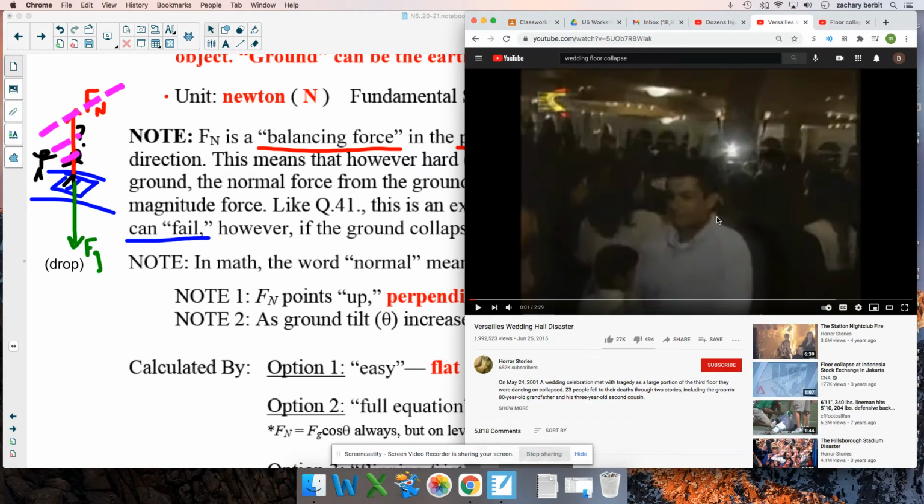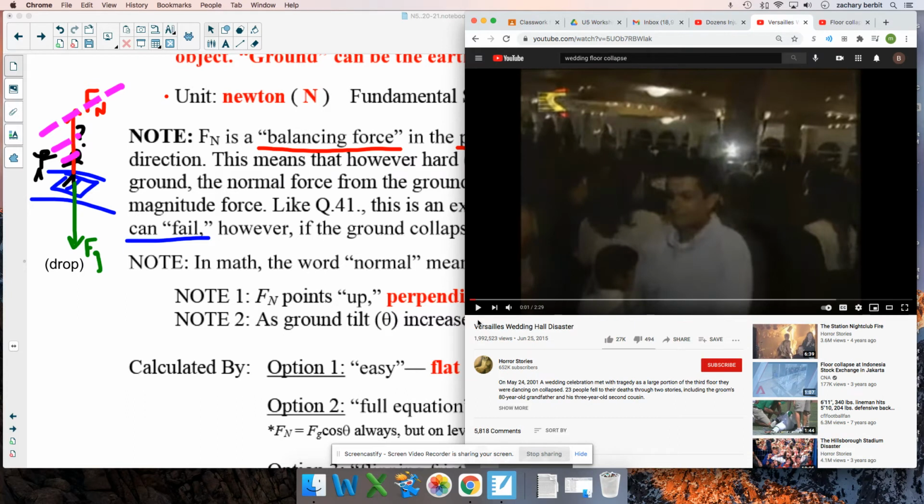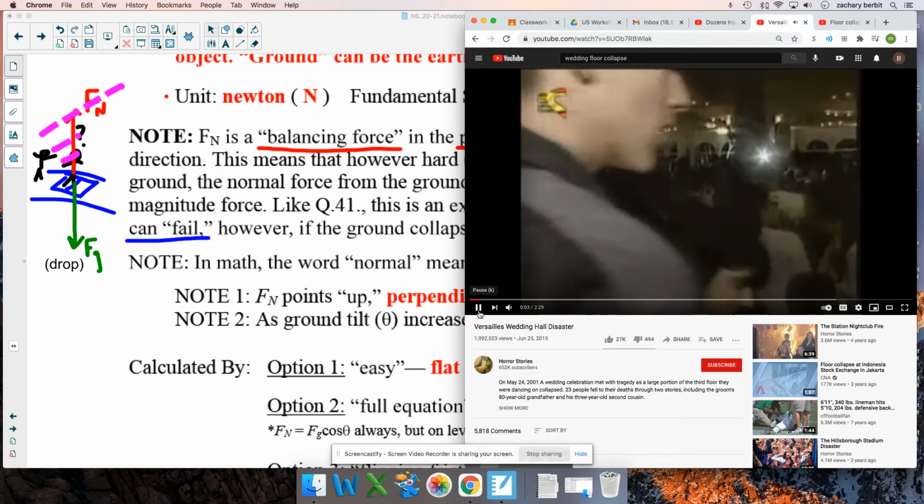So beware. If you're going to be at a dancing party, it should be outside or it should be on the first floor when there's no basement. That's it. And you also have to beware because what if there were people down here in the basement? I think in this one, no one was in the basement, which is amazingly lucky. Here was a wedding in Israel, actually.